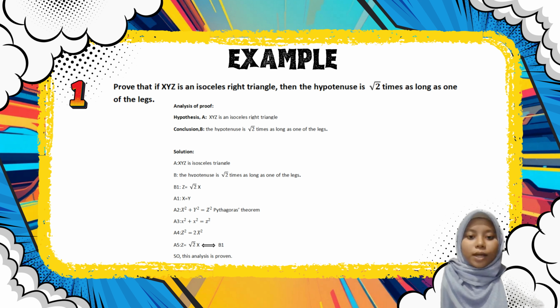For A4, adding the like terms, 2x squared equals z squared. A5, taking the square root of both sides, z is equal to square root of 2 times x. B1, this matches the given statement that the hypotenuse is square root of 2 times the length of the leg. So, the statement is proven.